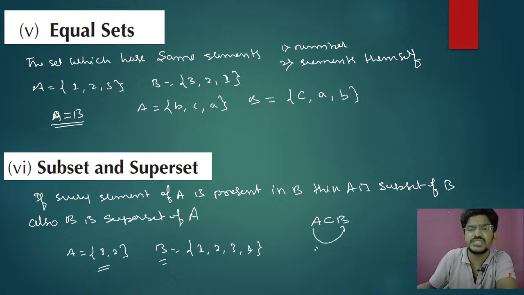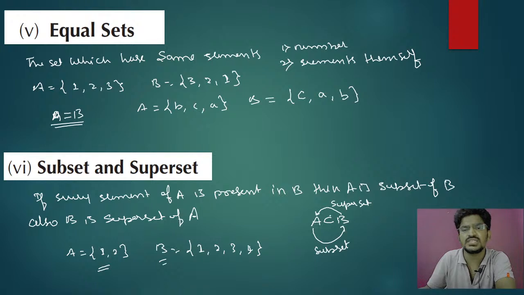A is a subset of B, and B is called a superset of A. Clear?